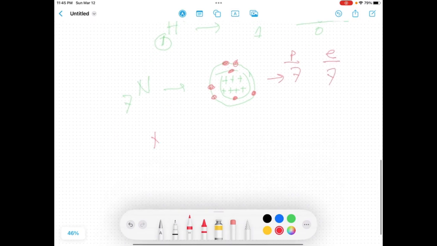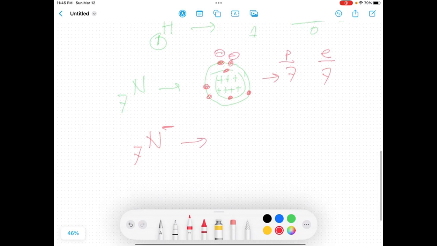But if someone shows nitrogen with a negative charge, N minus, 7, that means, since I said electron is negative, in this element there are 7 negative, and in the center 7 positive, so neutral. But if your nitrogen atom is N minus, that means you added one more electron here.